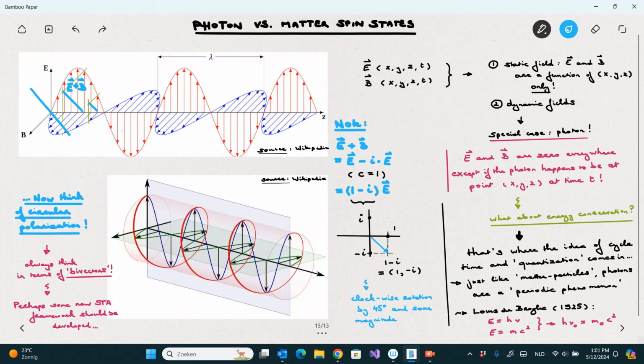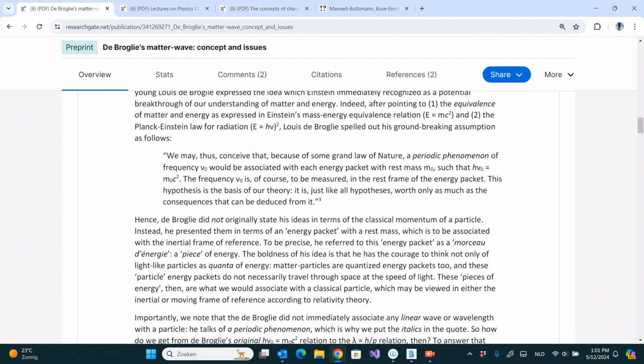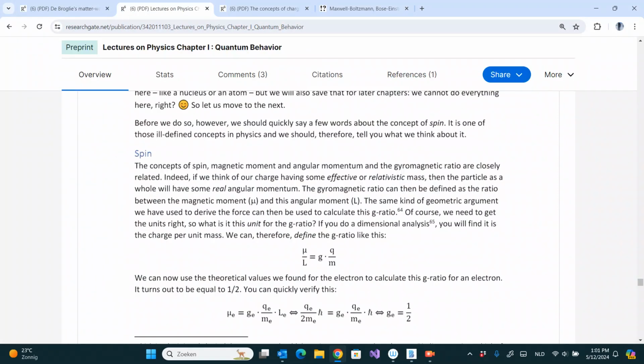And so, yes, a photon can be split up into two zero-state things. And that's how you explain the one-photon Mach-Zehnder experiment. I refer to my lecture on quantum behavior, which at the end has that explanation.